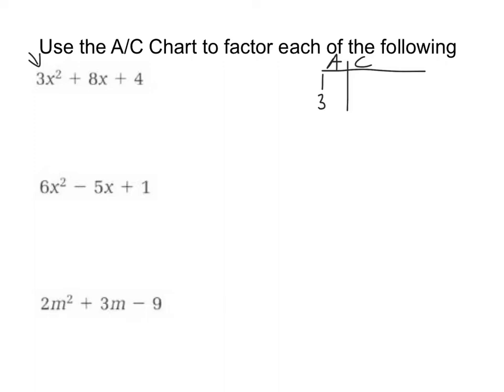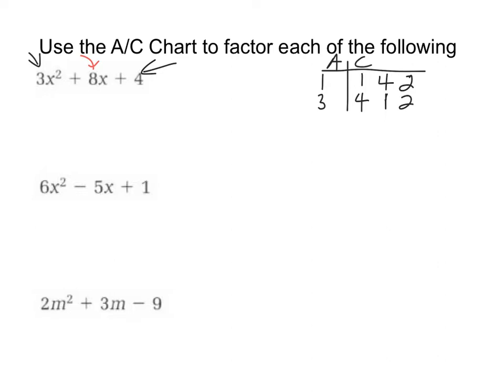For the c value, we're going to think of all the ways of getting 4 by multiplying. That one right there is our c value. It's 1 times 4, but we are also going to do the flip of that and consider 4 times 1. And then the other option would be 2 times 2. Those are the base numbers that we're going to work with. Now, using a crisscross method, we are going to think of all the ways we could get b if we're adding those numbers together.